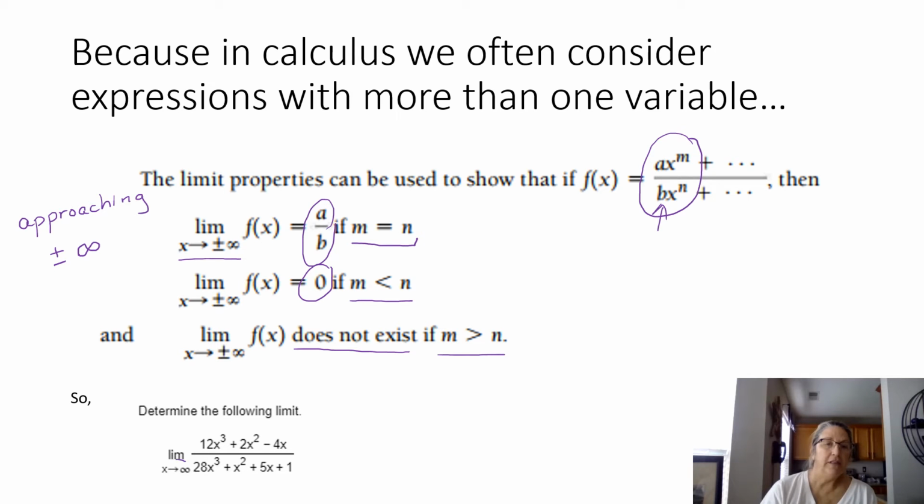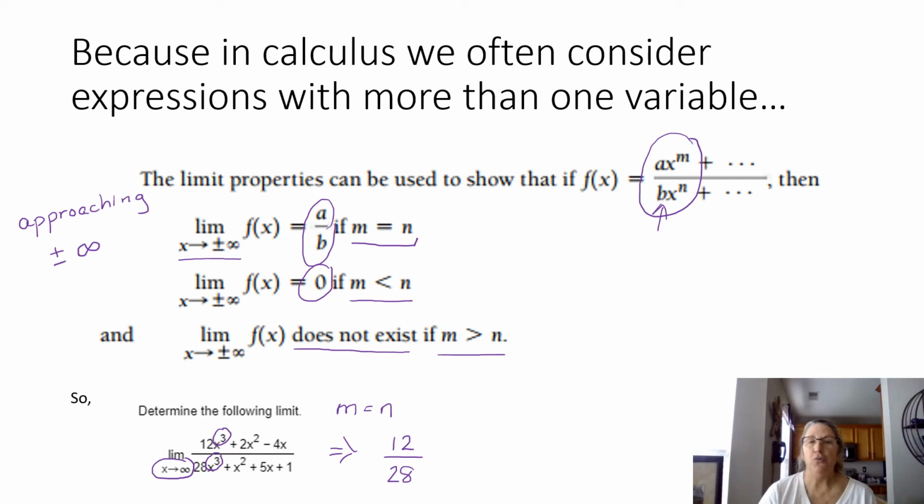So let's look at our example. You can see that the limit is approaching infinity. The first thing we look for is the degree. The degree of the numerator is 3, the degree of the denominator is 3. So we're in an m equals n situation because our exponents are the same. So we'll say that our limit is 12 over 28.